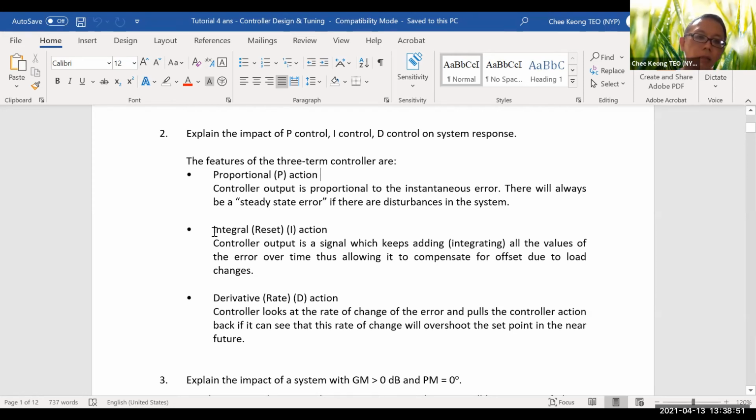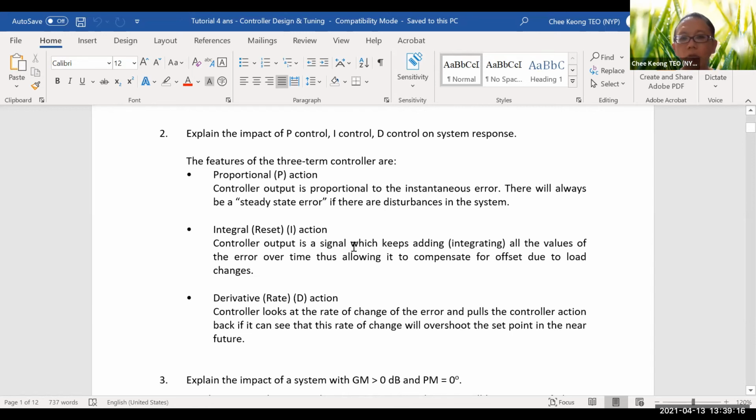Now, integration controller, basically, if you go according to this text, the controller output is a signal which keeps adding. That means integrating all the values of the error over time, thus allowing it to compensate for offset due to load changes. And we also understand that the I controller looks at the past, or it takes the past information and then decides on what's the next course of action.